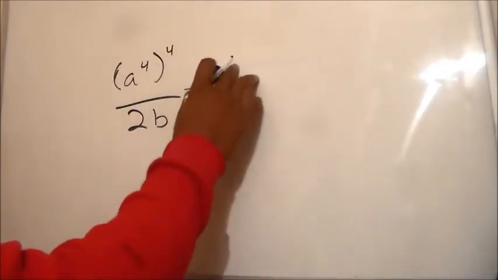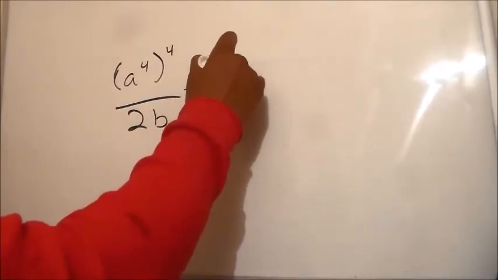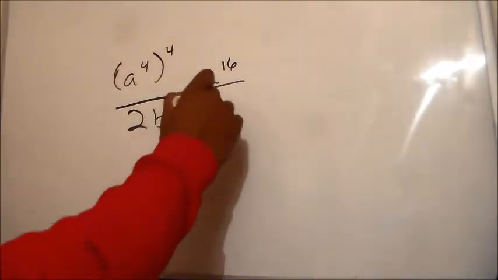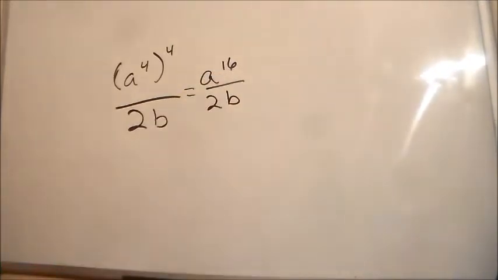So 4 distributes in, we have A to the 16th over 2B. Not too bad. I'm looking for a negative one. I'm looking for some angry variables. And let's see. Okay. Found something. It's not too bad either.